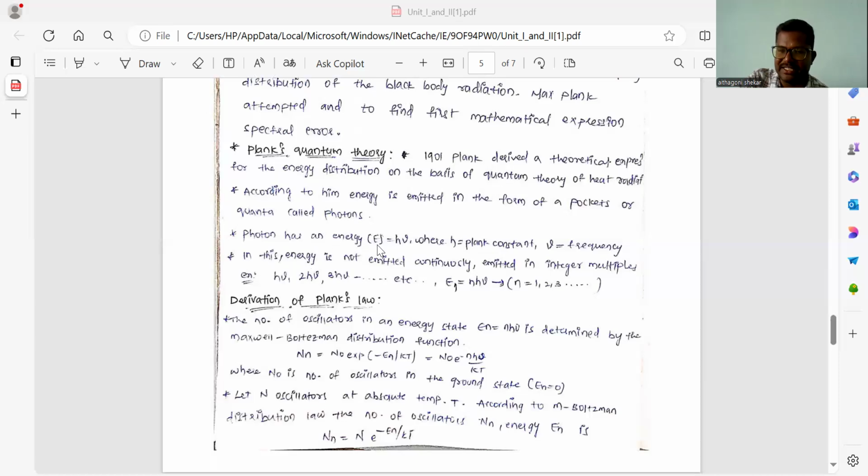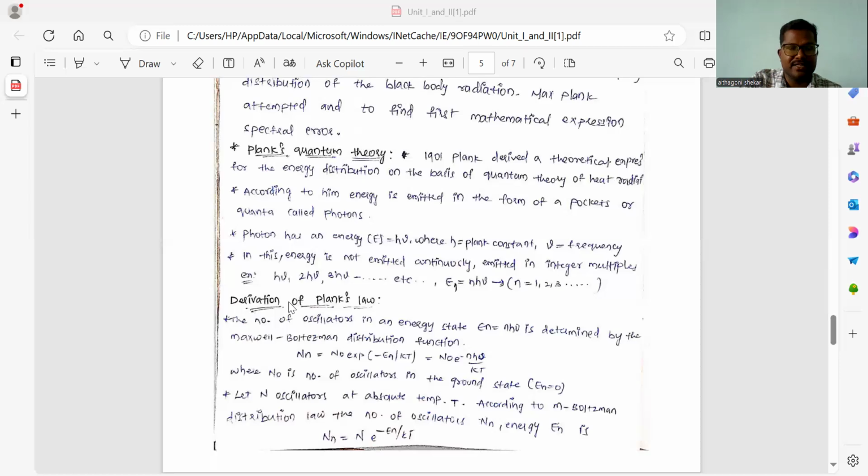The photon has an energy E. One photon energy E equals h mu, where h is Planck's constant and mu is the frequency. This energy is not emitted continuously.